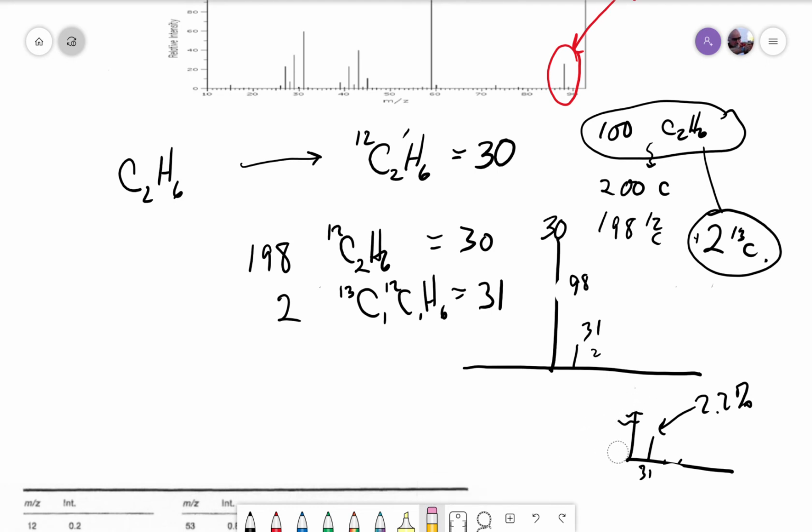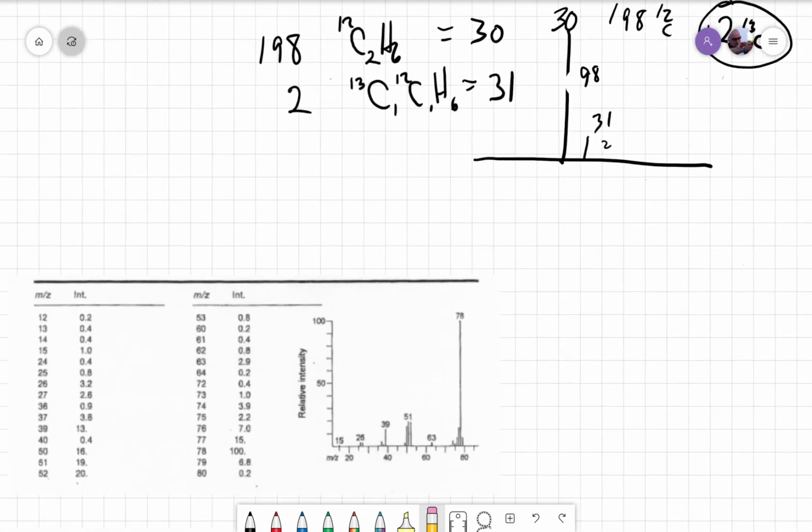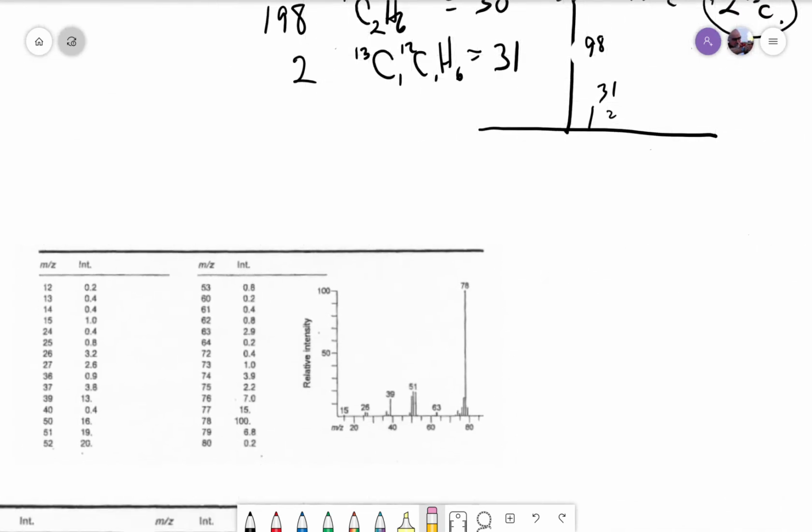We can use that information to start identifying how many carbons are in a molecule. If we look really close at the molecular weight region of a mass spectrum, we can see that there's additional information that we can tease out.